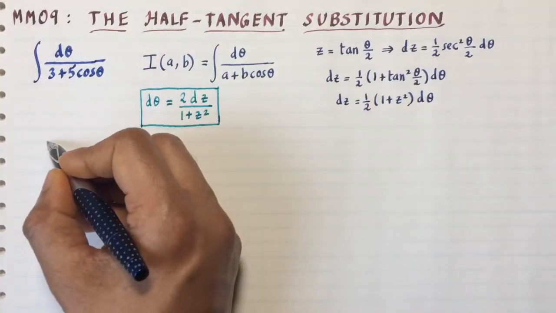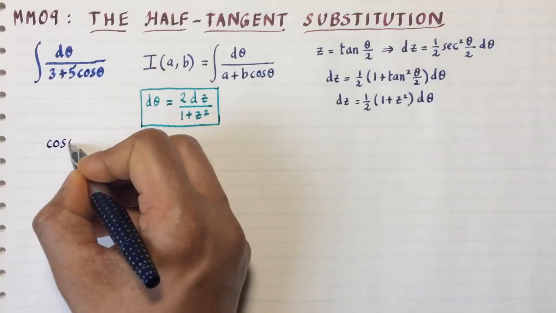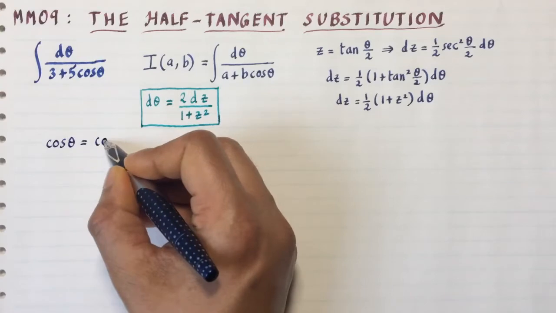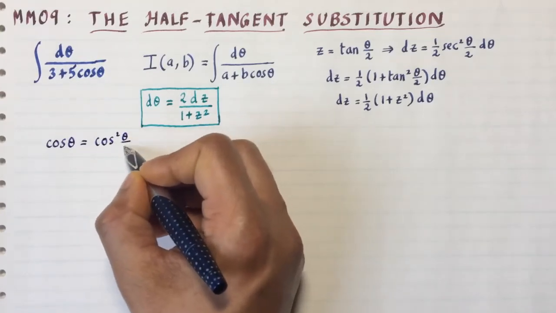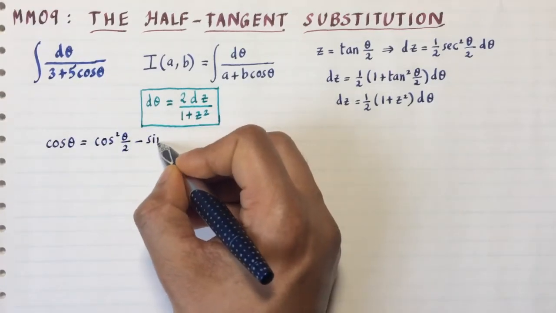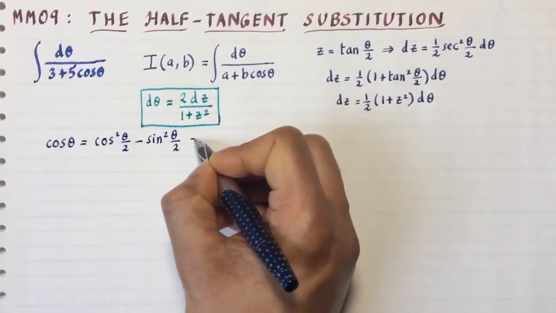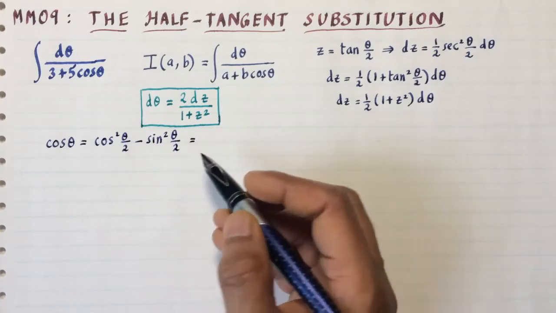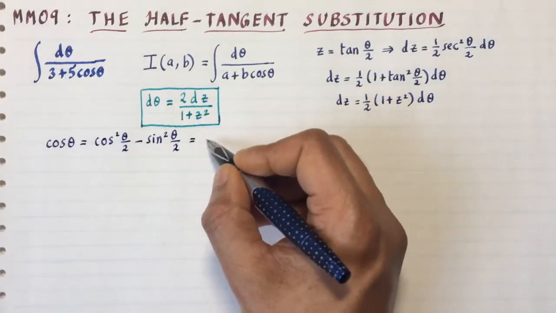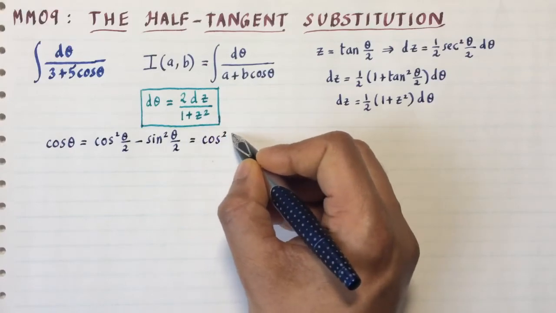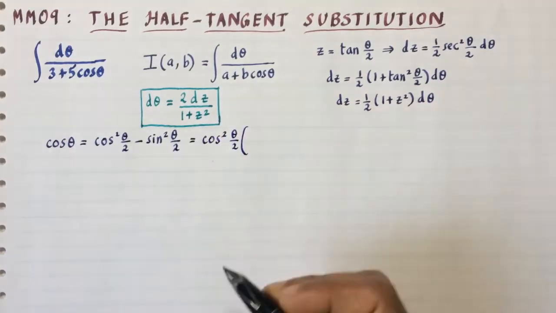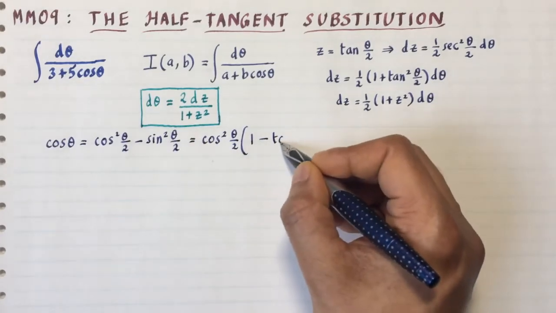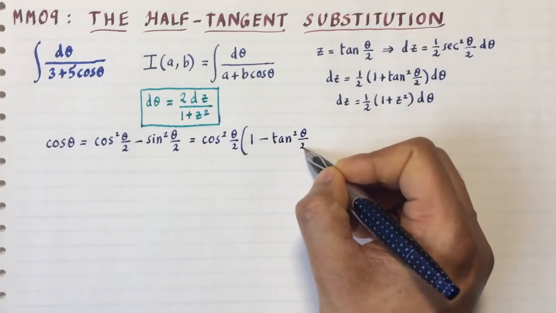Cosine theta, what's cosine theta? Now I'm going to use the identity known as the half angle identity. Cosine theta is cosine squared theta over 2 minus sine squared theta over 2. But I have tan theta over 2. I don't have cosine or sine theta over 2. So what I'm going to do is take as common cosine squared theta over 2. Then I get 1 minus sine squared theta over 2 over cosine squared theta over 2, which is tan squared theta over 2.